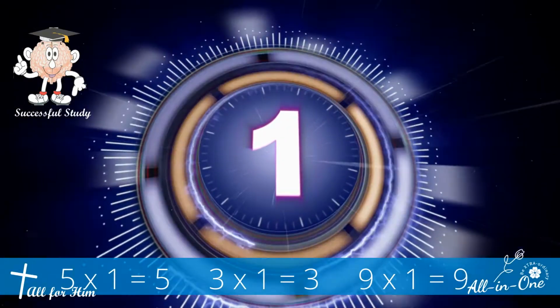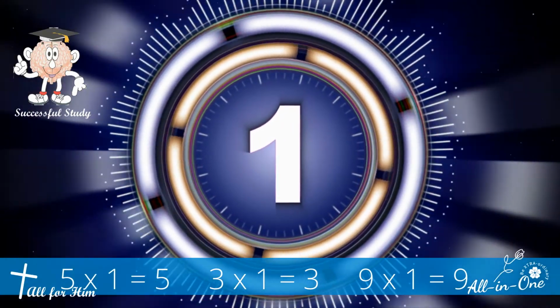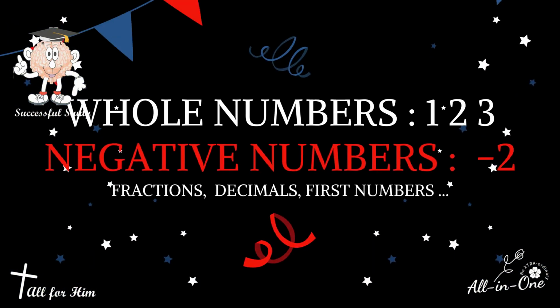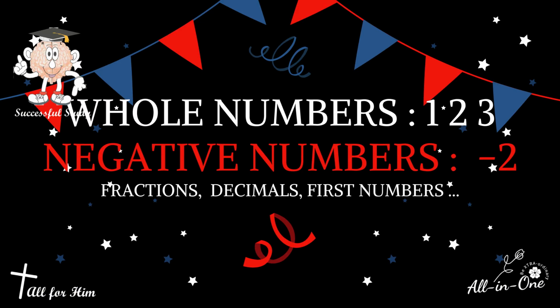If we take 3, multiply by 1, we will get 3. I think you get the idea. So we've looked at whole numbers, we've looked at negative numbers, fractions, decimals, and first numbers.